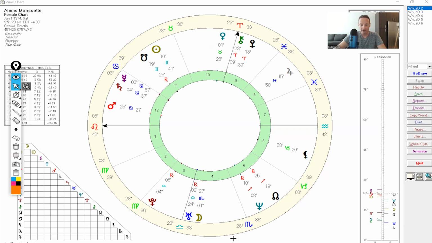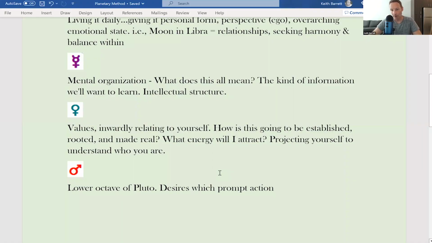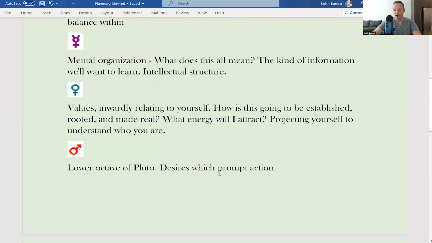So we go back to this planetary method and we look at Mars. Where is her Mars? It's the lower octave of Pluto, desires which prompt action. So it's innate. She's instantly going, without thought going to head towards this area, right? To continue her soul's evolution and feeling empowered in this third and ninth house axis.